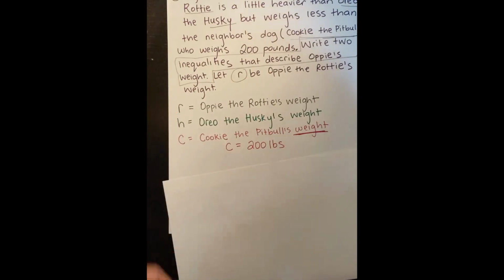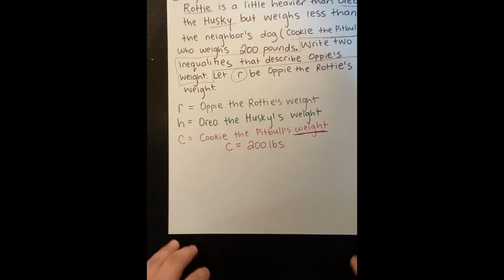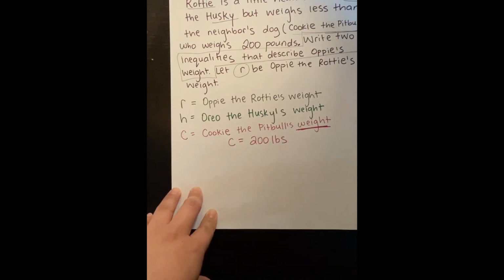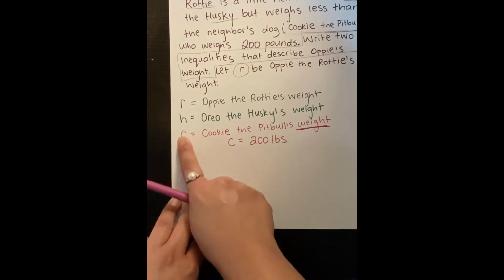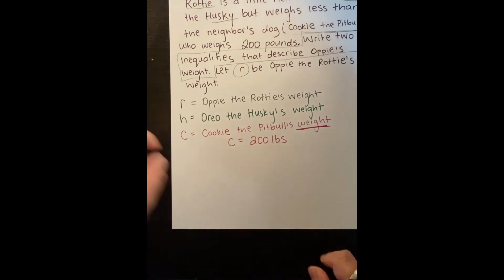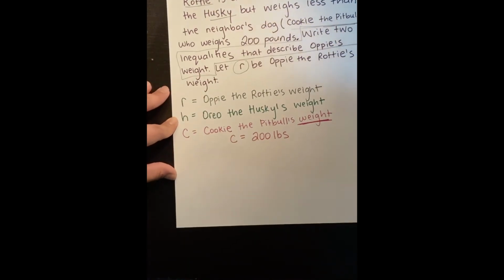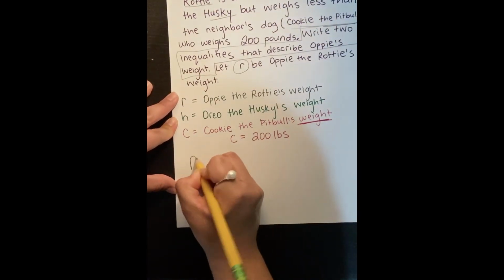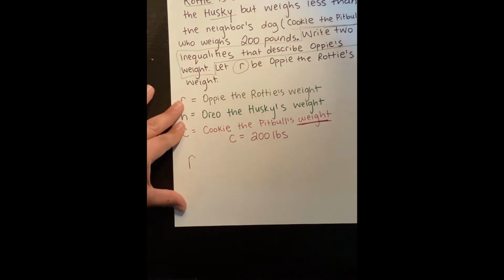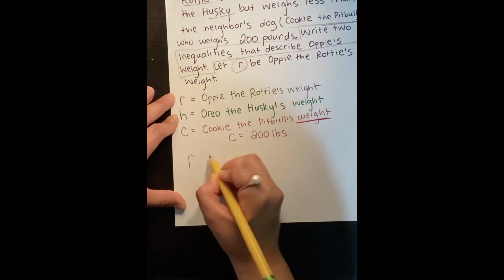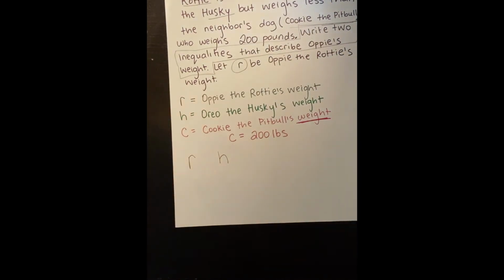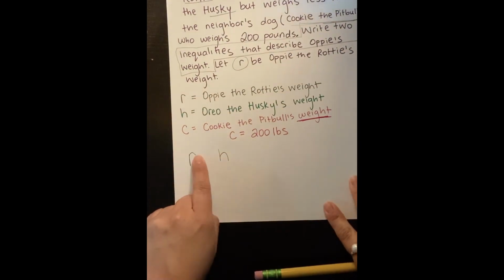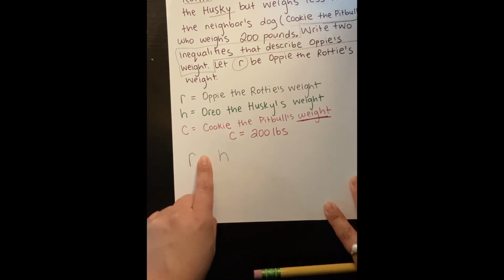So I can describe Opie's weight by comparing it to the Husky's weight and to Cookie the pit bull's weight. So if I start with the Husky, I have R that represents Opie the Rottie, and I am comparing it to Oreo the Husky. I'm going to go back to the problem to figure out which inequality sign to use here.